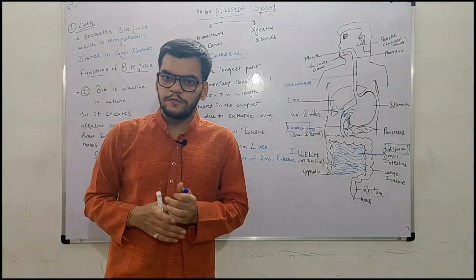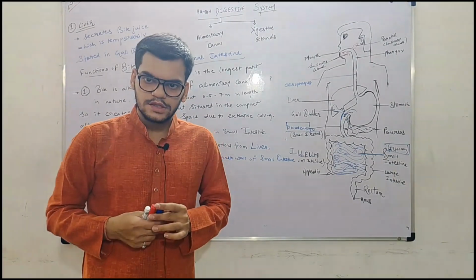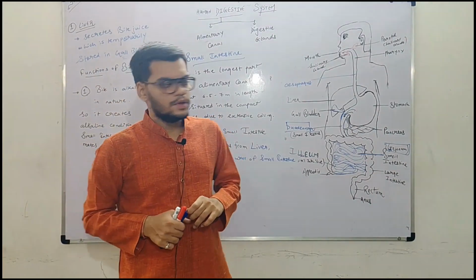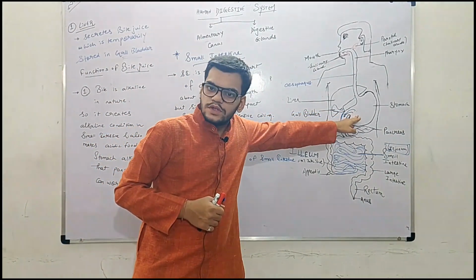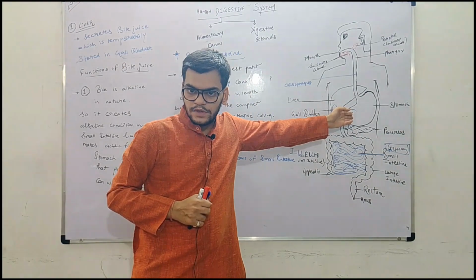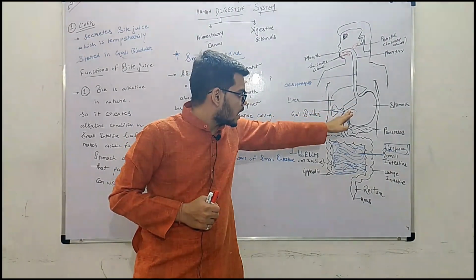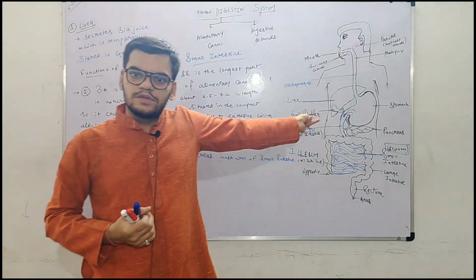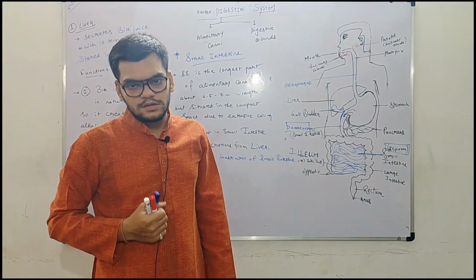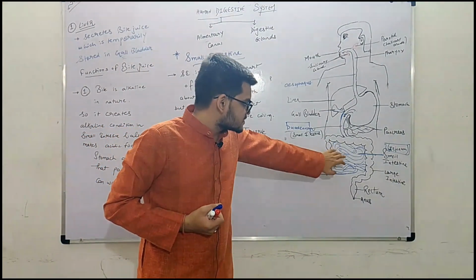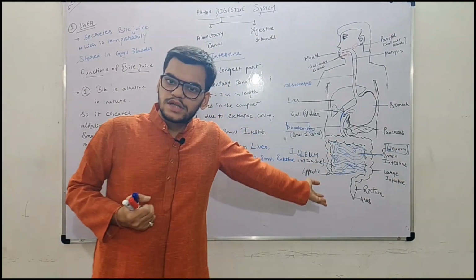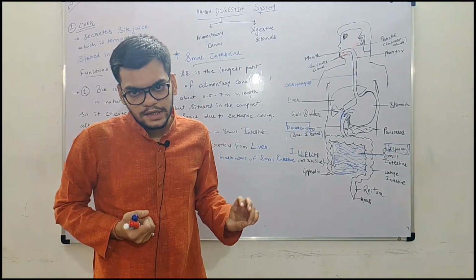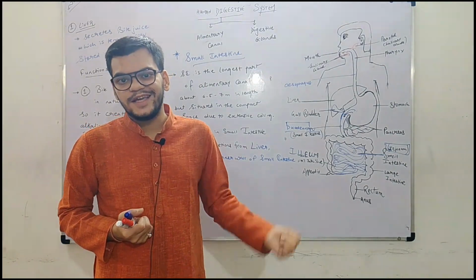So the first function of bile is it is alkaline in nature, so it will create alkaline condition in small intestine. Why is alkaline condition required? Because the food which came in the form of chyme, when it reaches inside the small intestine, is acidic because of the secretion of hydrochloric acid in stomach, and the enzymes secreted from pancreas will only work efficiently in alkaline condition, not in acidic condition.